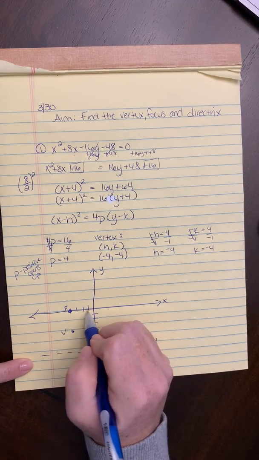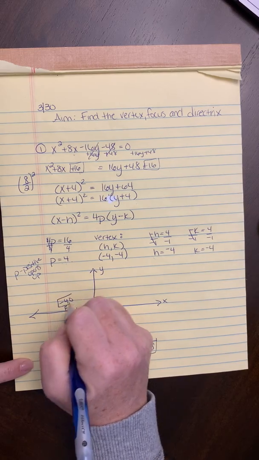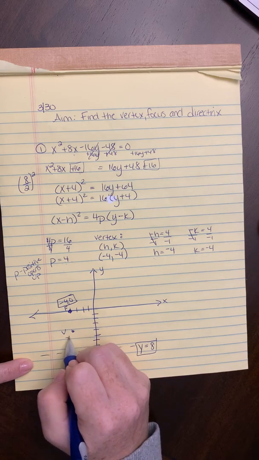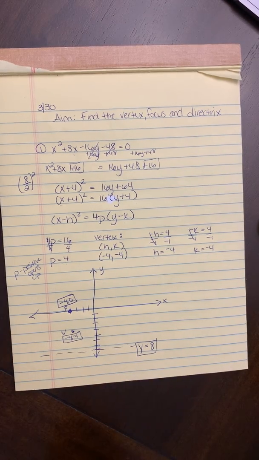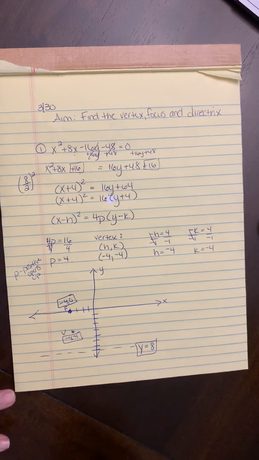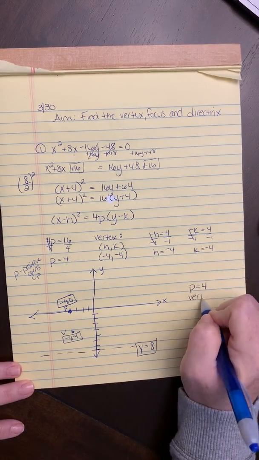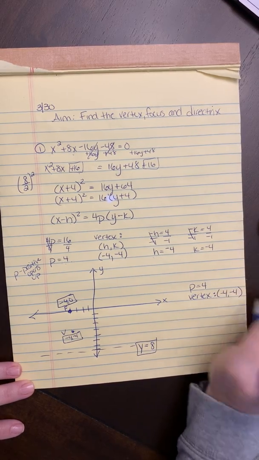We've got our focus at -4, 0. And then our vertex like we had at -4, -4. So there's all of our key information. We have that our p equals 4. We have that our vertex is -4, -4.